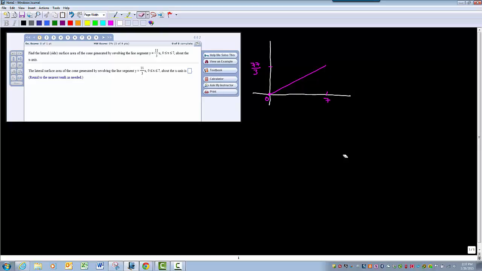Now let me show you how we can check this at least without using calculus. So this is the check. What I've got is a cone whose height value is 7 and whose radius value is 77 thirds, like this. We know that the surface area is going to be equal to the following.